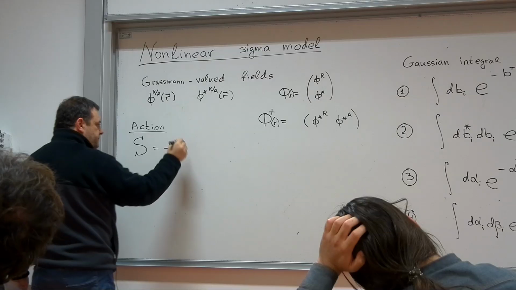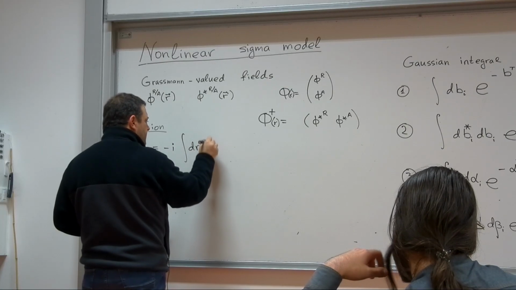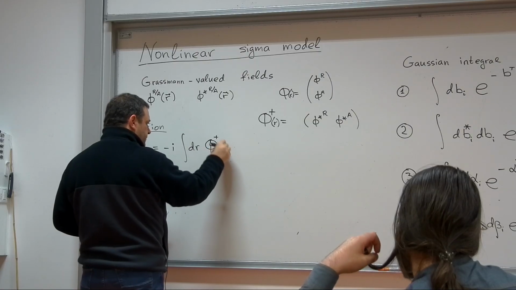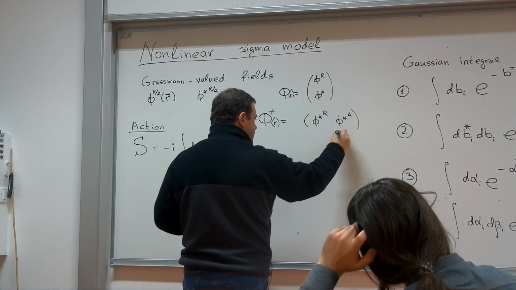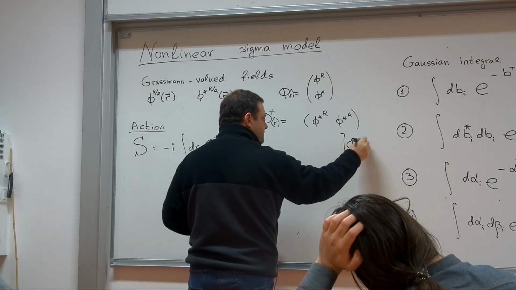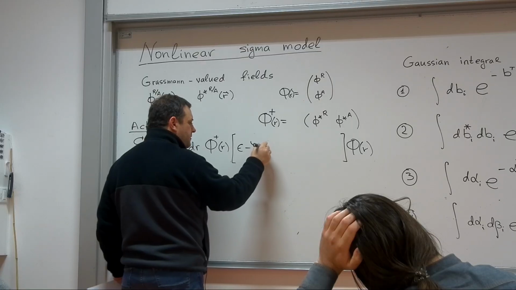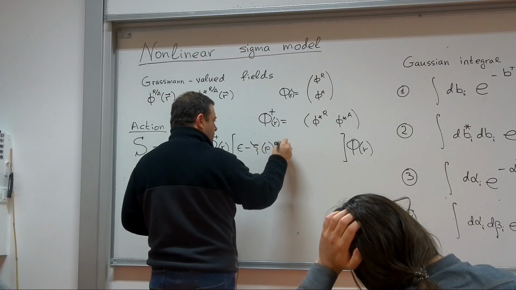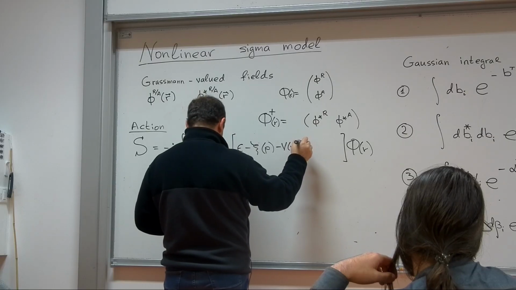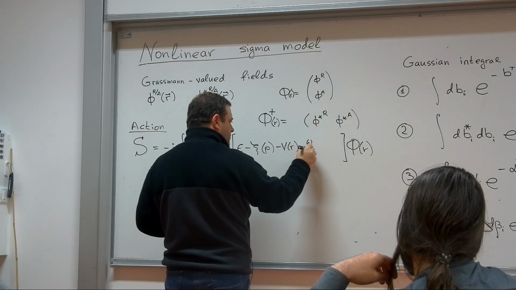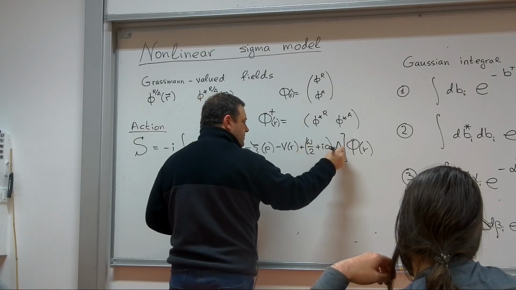Minus i integral over all positions in space, phi dagger of R, and then some operator here, and then phi of R. And the operator is epsilon minus psi of P minus V of R plus omega over 2 plus i0 times lambda.